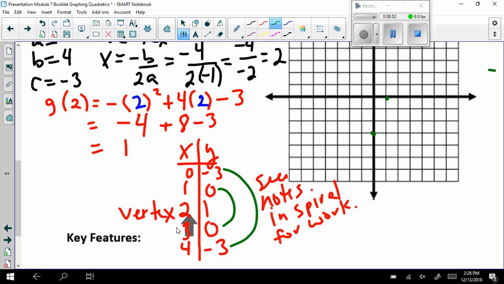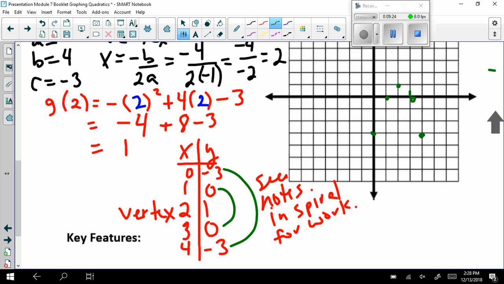And then (2, 1): I'm going to go to the right 2 and up 1. (3, 0): I'm going to go to the right 1, 2, 3, and up and down 0. And then my last one, (4, -3): to the right 1, 2, 3, 4, and down 1, 2, 3.